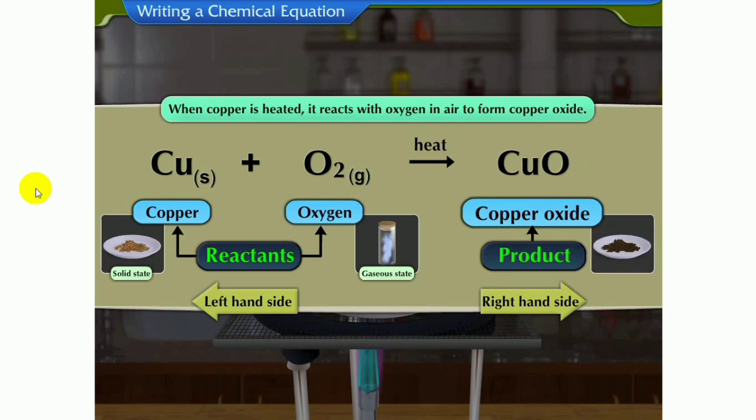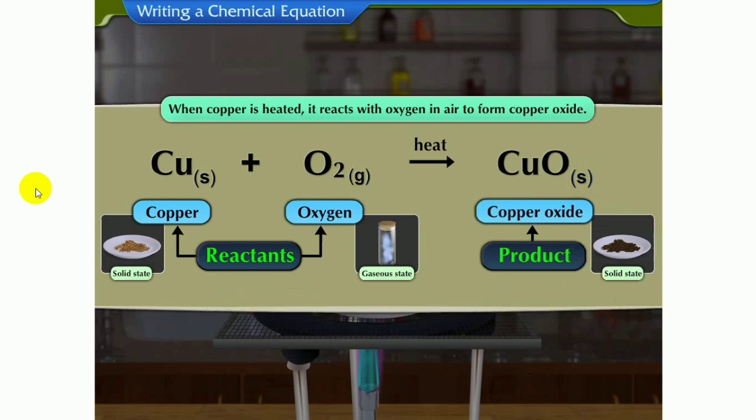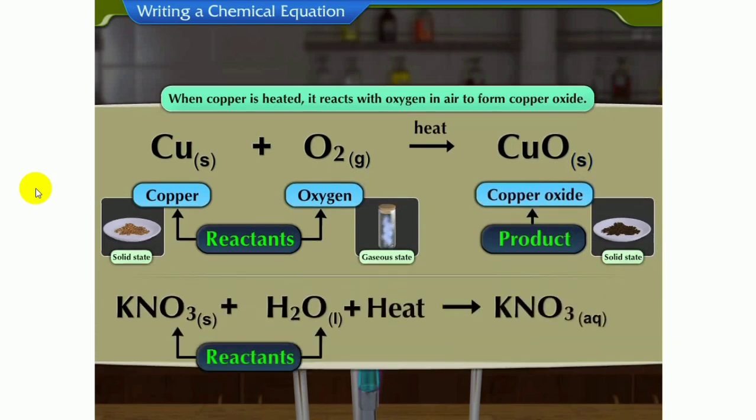Copper oxide again is in a solid state, so the letter S in brackets is mentioned near the formula. If one of the reactants or the products is in the liquid state, then the letter L is mentioned in brackets near the formula. If one of the reactants or the products is a solution in water, then the letters AQ are mentioned in brackets near the formula. AQ stands for aqueous.